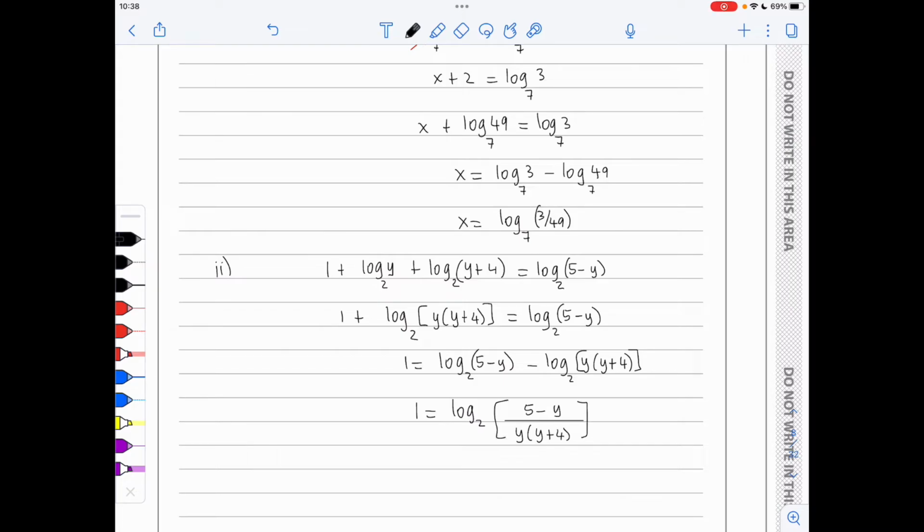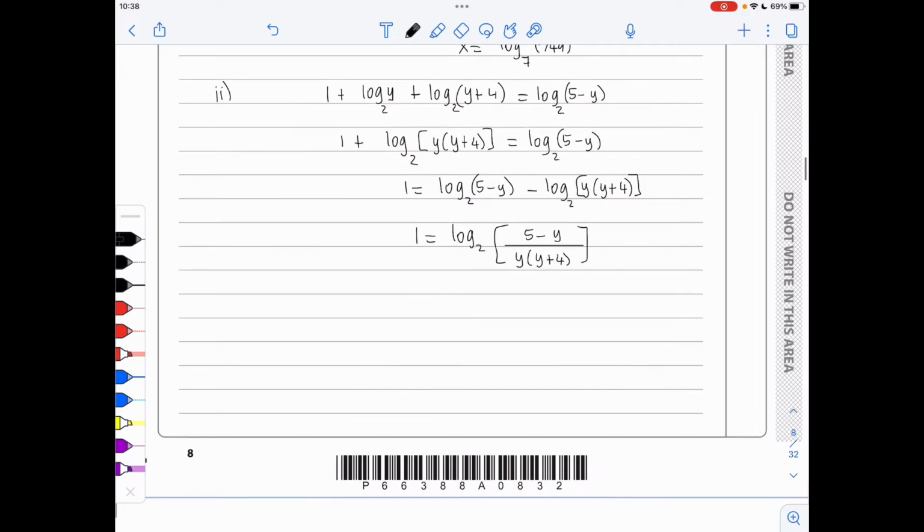I will now open up the logarithm by writing that 2 to the 1 is (5 minus y) over (y plus 4). I could cross multiply to get 2(y plus 4) is equal to 5 minus y, which leads to 2y squared plus 8y is 5 minus y, and therefore 2y squared plus 9y minus 5 is 0.